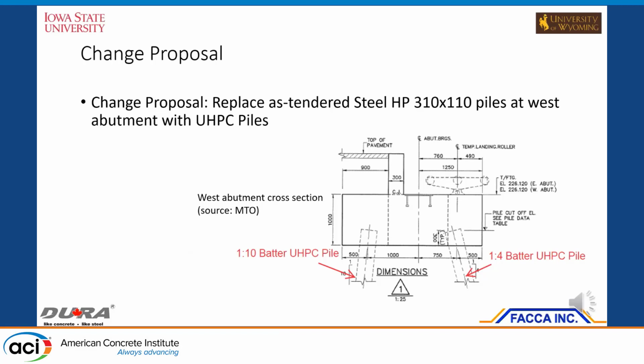Those piles are battered 1 in 4 in the front row and 1 in 10 at the back rows. That's where Dr. Sri and Dr. Cam Ng from the University of Wyoming got involved with the design. I'm going to pass it to Sri now.